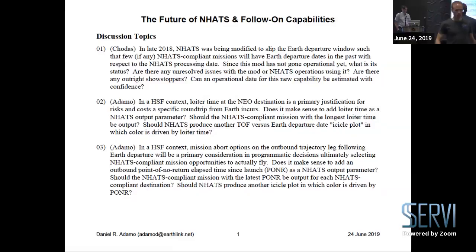Dan? Yeah, so Dan, I'll echo both your comments. I agree 100%. And there's a certain value in keeping it up to date as well, because sometimes if you don't make a change, it becomes more laborious to make the larger leap. Specifically to number 3, I think that is a very valuable output. We've had a lot of discussions back when we were looking at human missions to near-Earth asteroids, and abort opportunities was a huge concern.